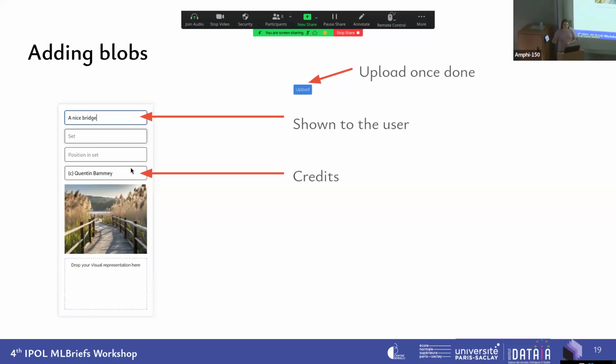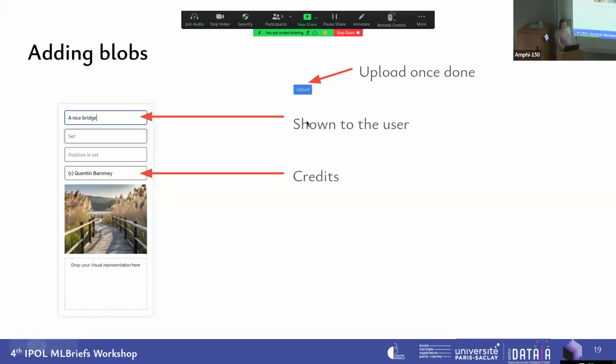It is for a specific use case I will show later. And credits, it is if you want to add credits to the image. So for instance, if you took it from the internet, write the credits here to explain where you took it from. And of course, make sure the copyright allows it, and show the copyright license here.